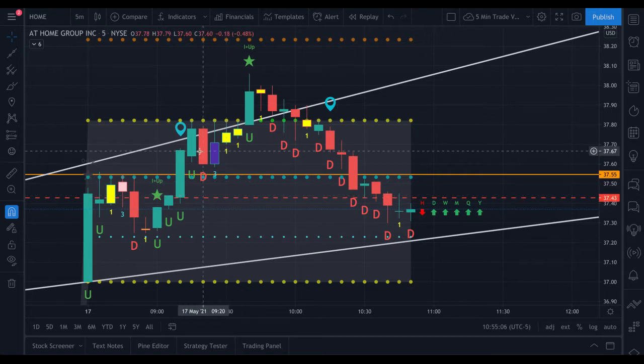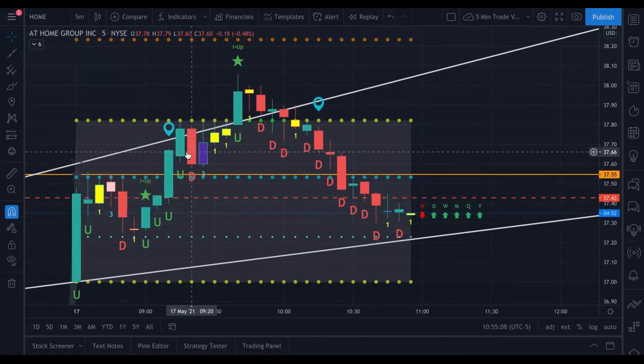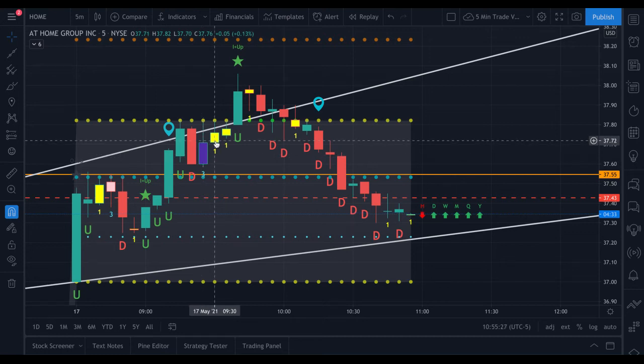After I enter a trade, I like to watch the candles that are forming for at least the next 2 to 3 candles. In this case, I did watch up until this 3. Actually, I watched up until the 1. I was watching until the 3, and I'm like, okay, I'm going to look at the next candle and move up my stop based on that.